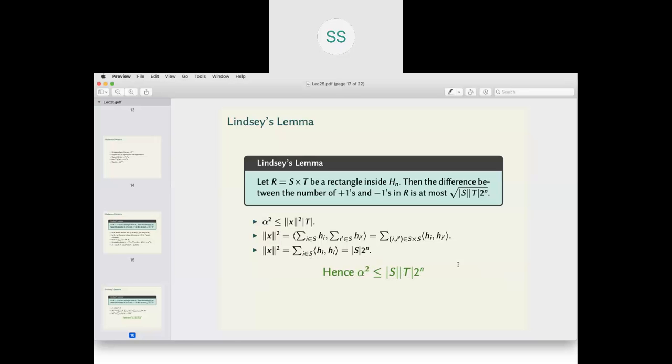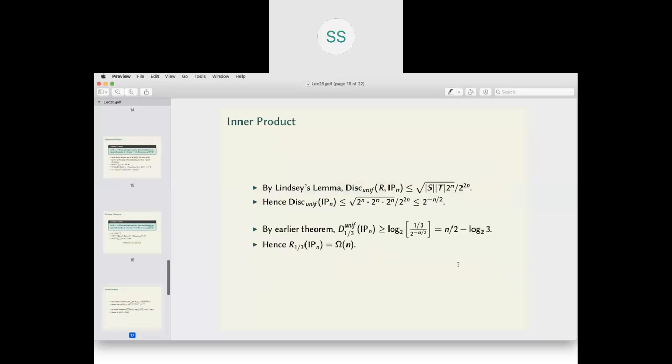Okay, now how does it all relate back to the inner product? So by Lindsay's lemma, the discrepancy over the uniform function... Okay, remember discrepancy in the 0, 1 function was number of zeros minus number of ones.